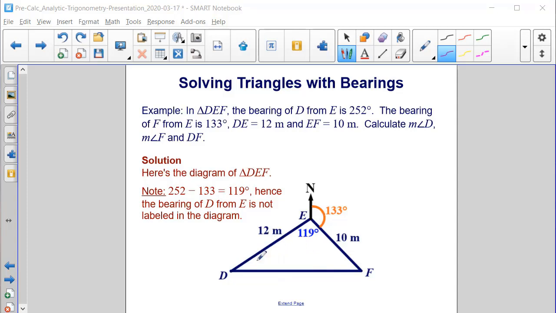Well, if we look at what we're given, a side, an angle, and then a side, and we can find the side opposite the angle using the law of cosines in this situation. So let's set it up.